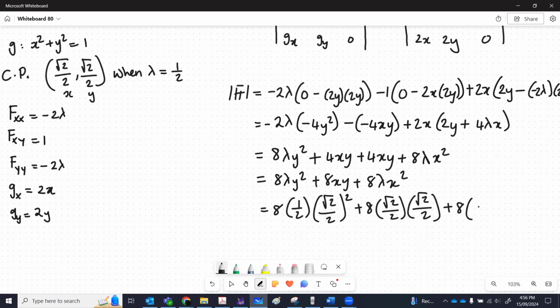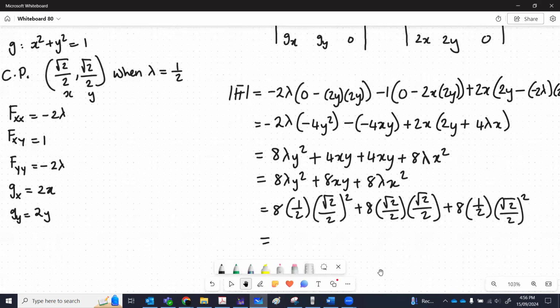And we have 8 times a half, and then the square root of 2 over 2 times the square root of 2 over 2, squared.